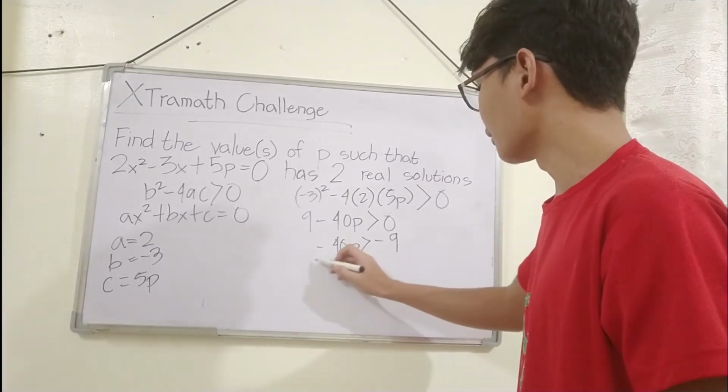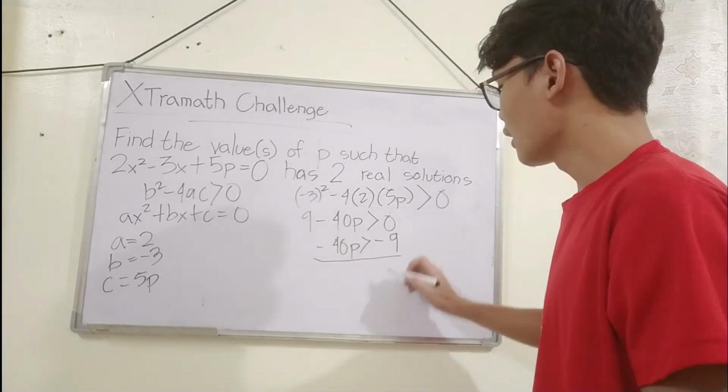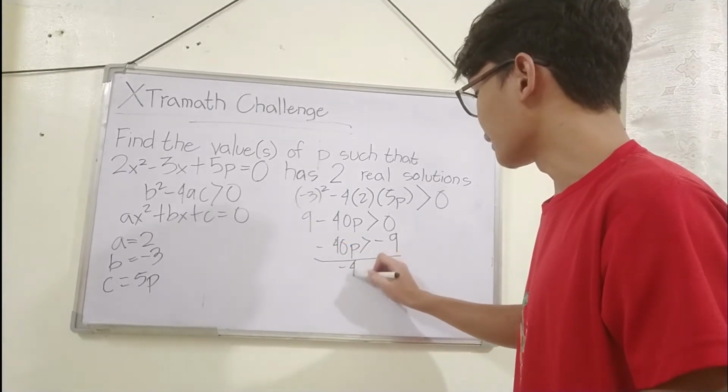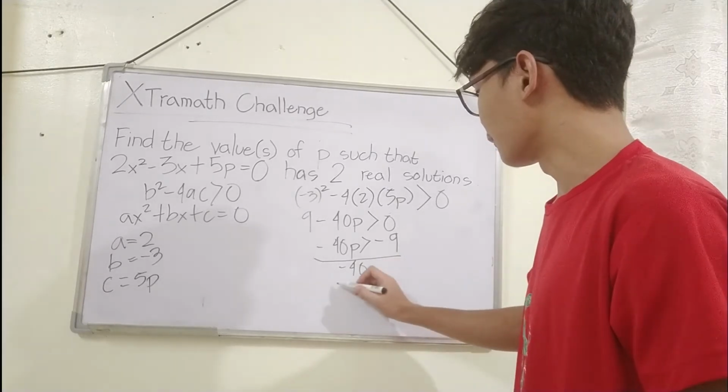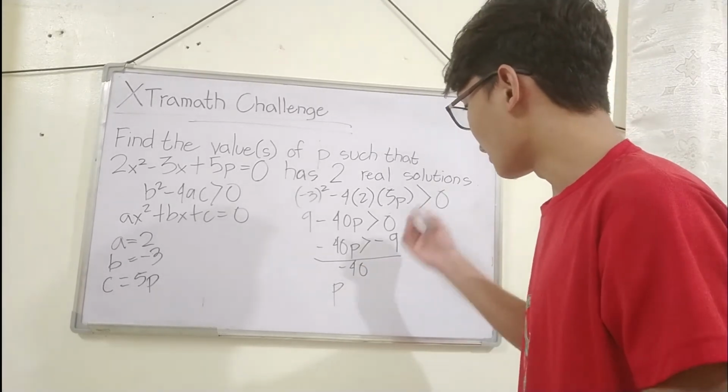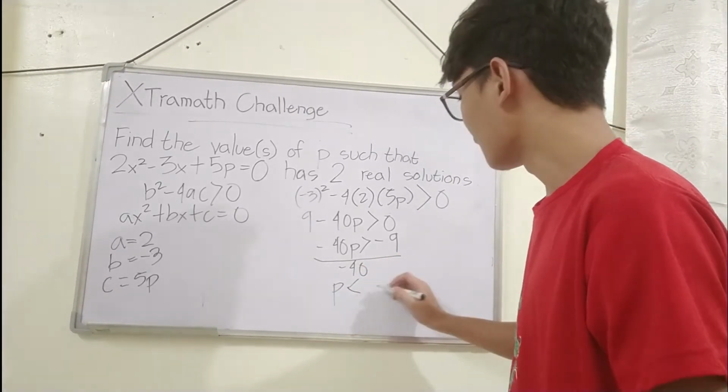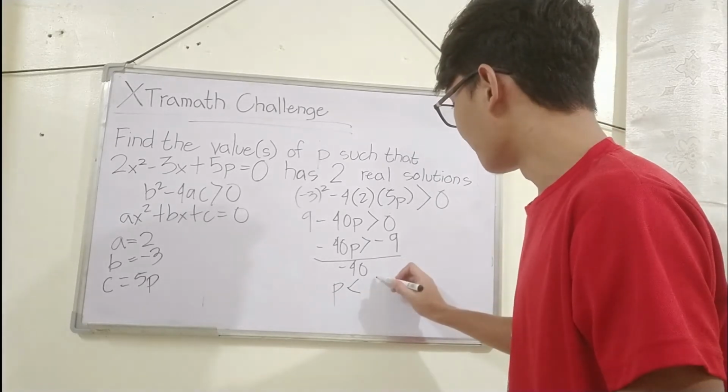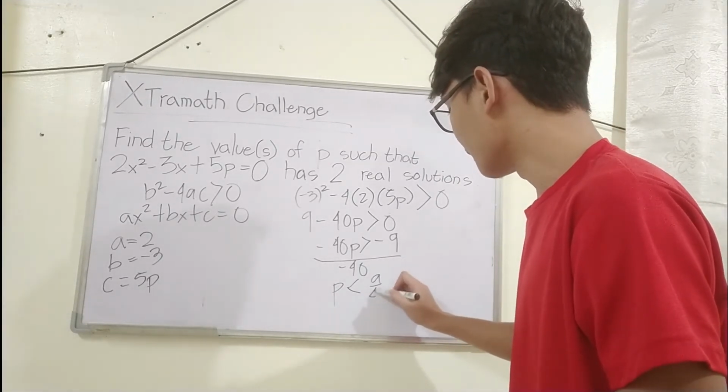In order to get p, we divide both sides by -40. So now we have p is less than 9/40.